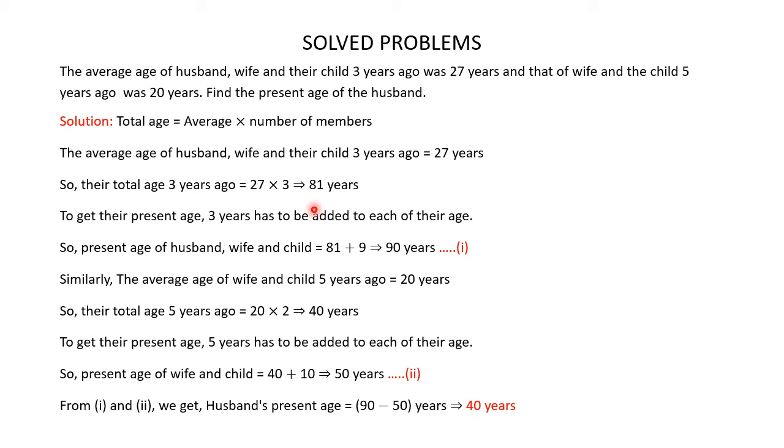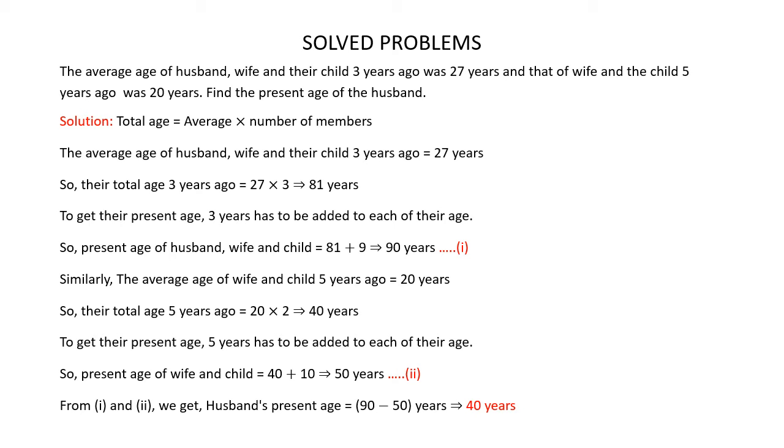Now to get their present age, 3 years has to be added to each of their age. So there are 3 members, husband, wife and their child. So 3 multiplied by 3 is 9. So present age of husband, wife and child is 81 plus 9, which is 90 years. This is the first equation.